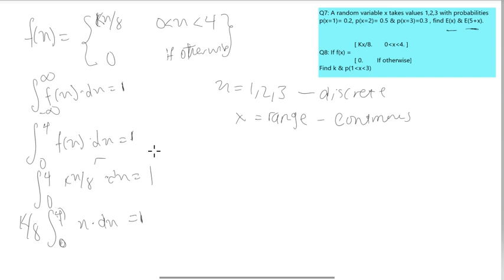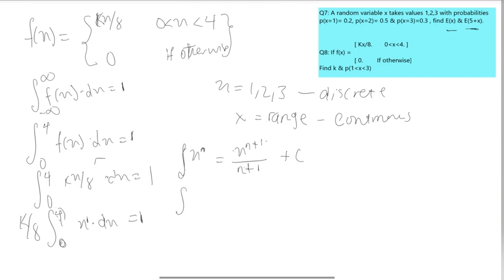Whenever you integrate a function such as x raised to power n, it is going to be x raised to n plus 1 over n plus 1, plus c, where c is a constant. So if we have x raised to power 2, it's going to be x raised to power 2 plus 1 over 2 plus 1. Here we have x raised to power 1, even though there's no 1 written.